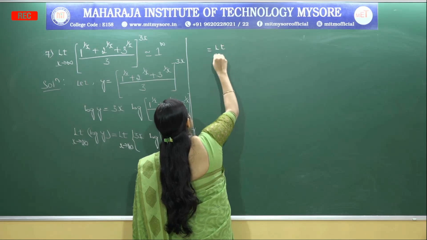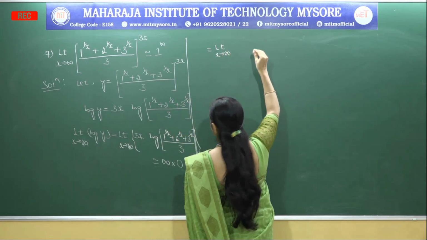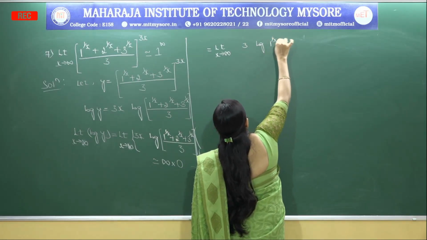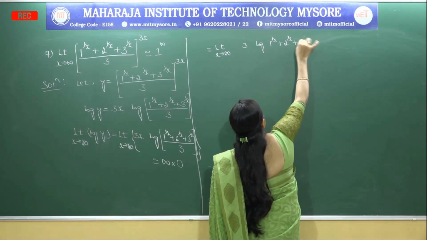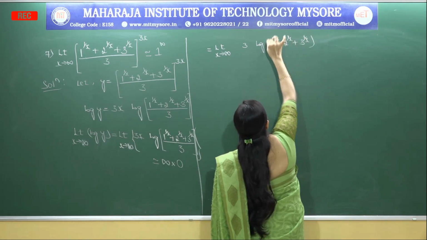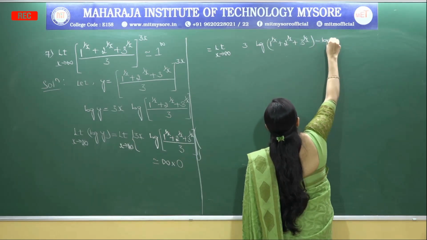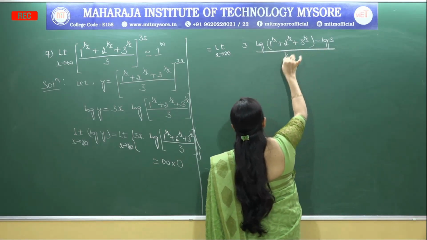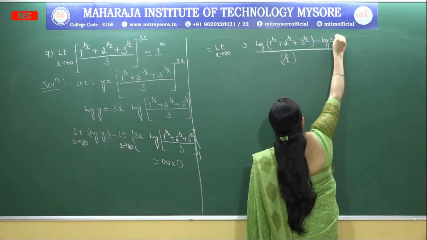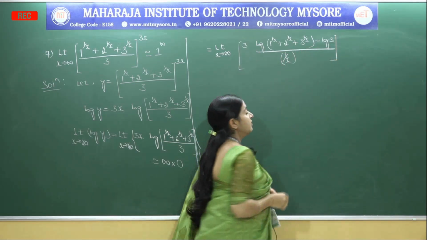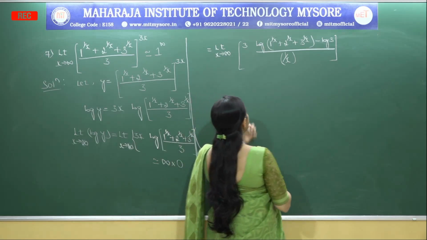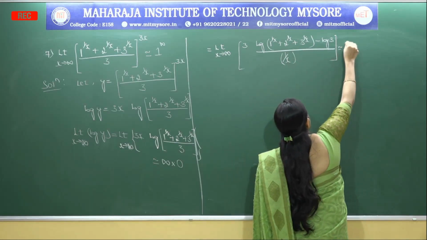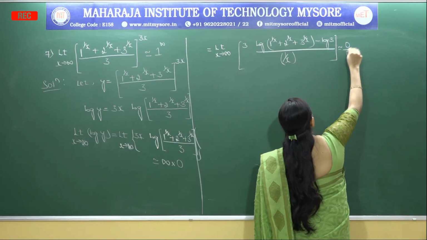So limit x tends to infinity, keep the 3 as it is, apply the logarithmic property, log of (1^(1/x) + 2^(1/x) + 3^(1/x)) minus log 3, with the denominator 1 by x. If you apply the limit, again you will get log 3 minus log 3, which is 0, and the denominator 1 by infinity is 0.